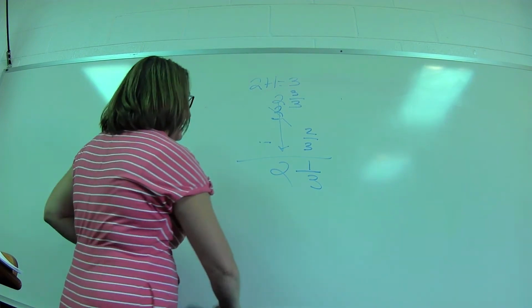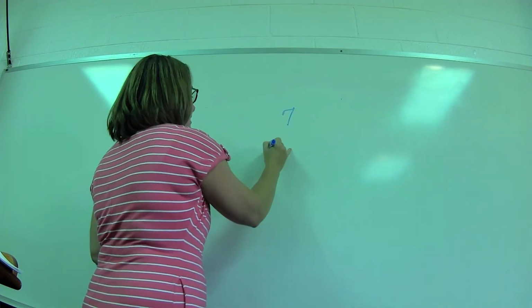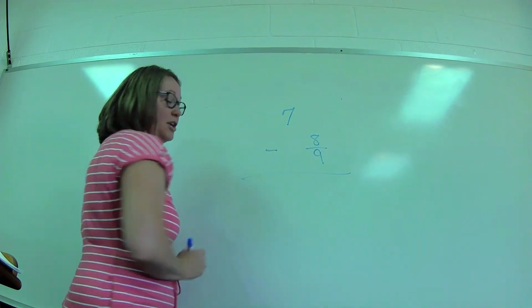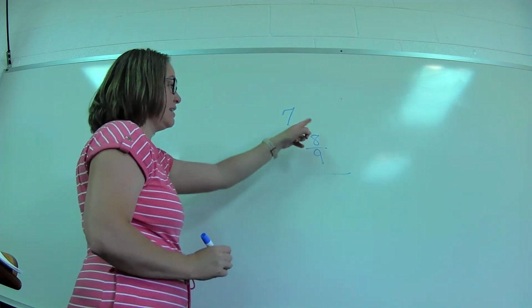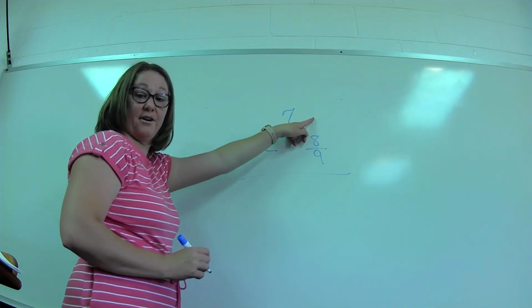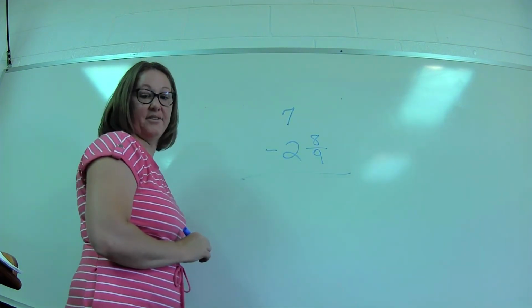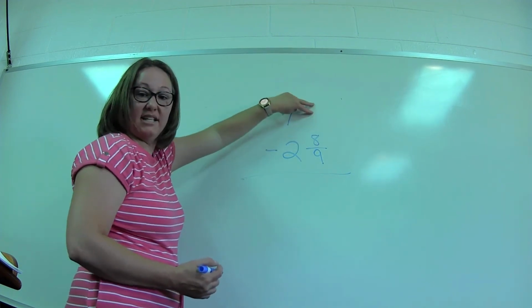All right, let's practice another one. What if you have 7 and you subtracted 8/9? You have 7, subtract 8/9. You can't take 8/9 from thin air. Okay, we'll make it a mixed number. So we can't take 8/9 from thin air.